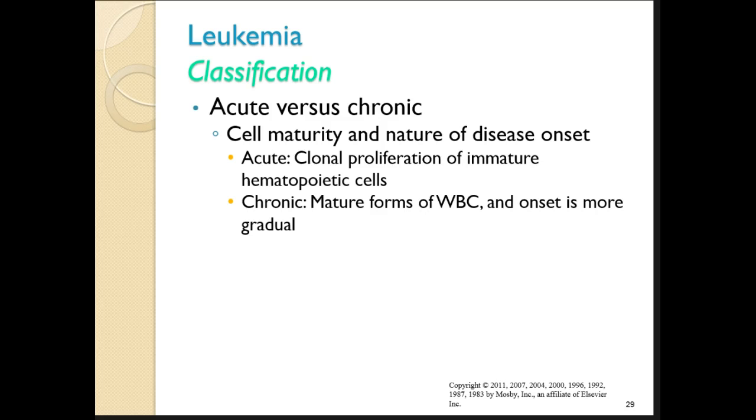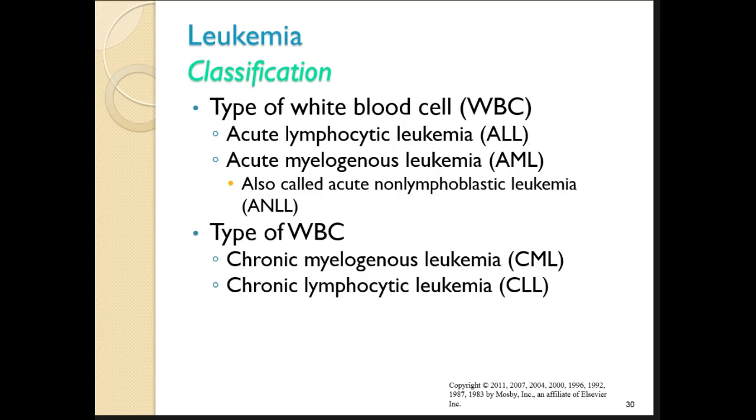Leukemia can also be classified by identifying the type of leukocyte involved, whether it is of myelogenous or lymphocytic origin. By combining the acute and chronic categories with the cell type involved, one can identify 4 major types of leukemia.